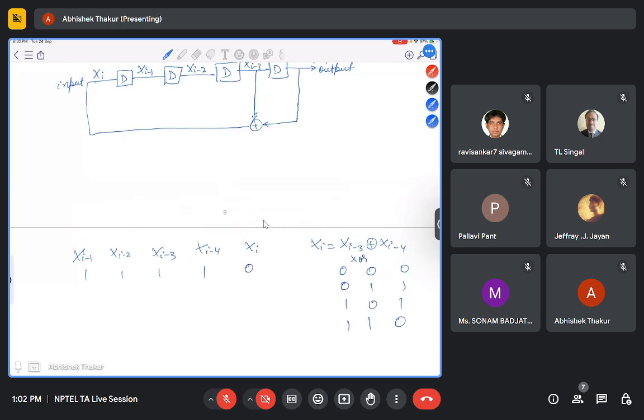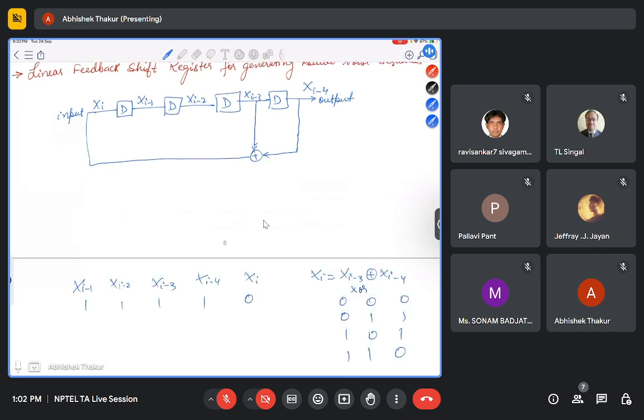So now in the next unit, this xi is 0 here. The delayed symbol will go to xi minus 1, so this 0 will come here, and this will go to xi minus 2, so this will become 1.